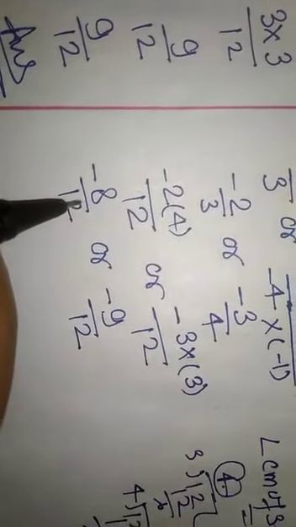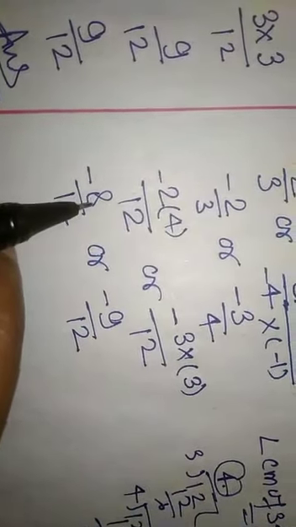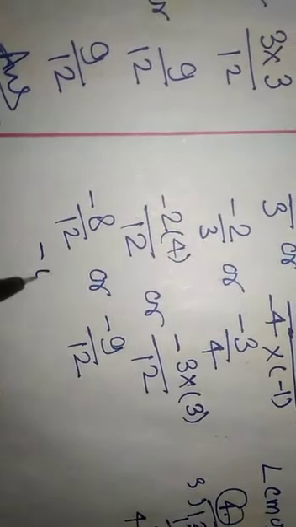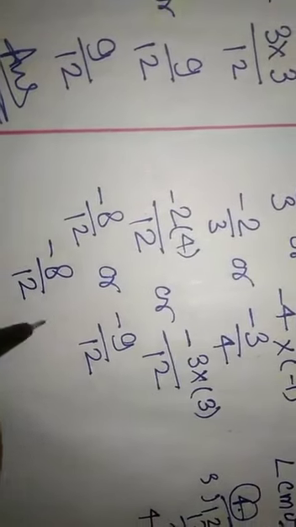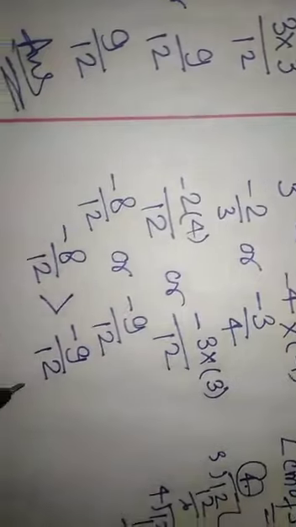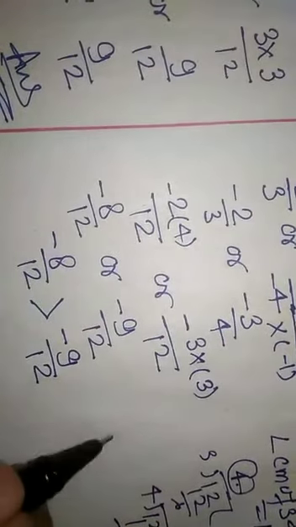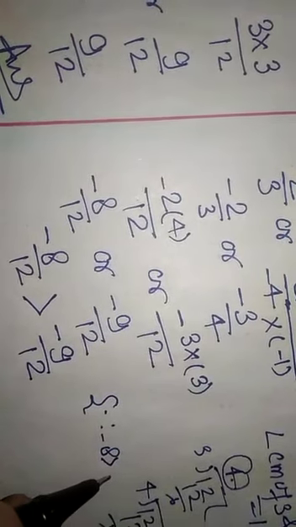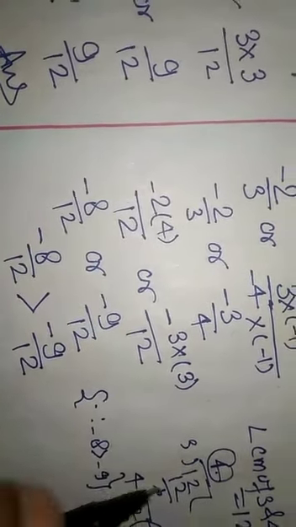You know on the number line, this is the greater number. So minus 8 by 12 is greater than minus 9 by 12, because minus 8 is greater than minus 9.